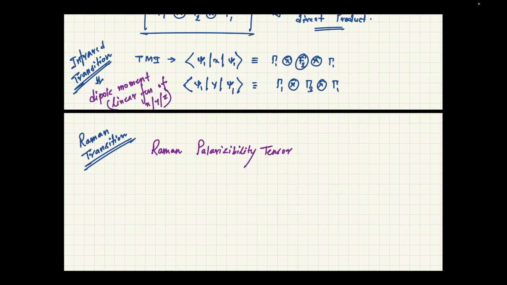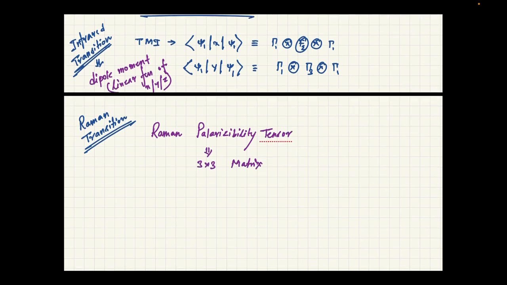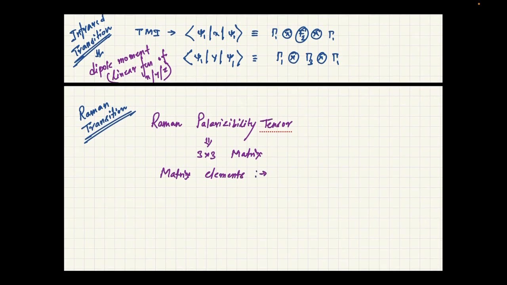It is a 3x3 matrix, so it is a rank 2 tensor, where the matrix elements are nonlinear products.